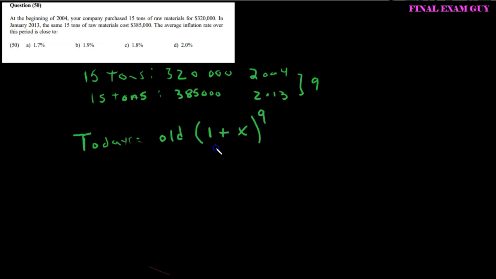So we can just call this whole term X, plug in our values. Today's value is 385,000, the old value is 320,000, times X to the power of 9. Let's just solve this, show you guys.